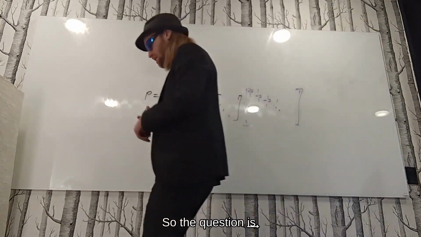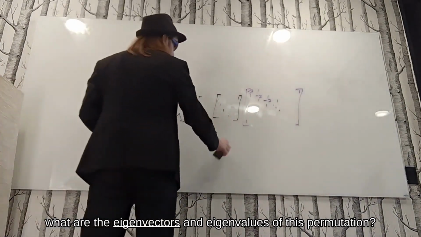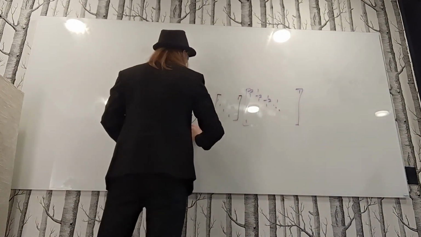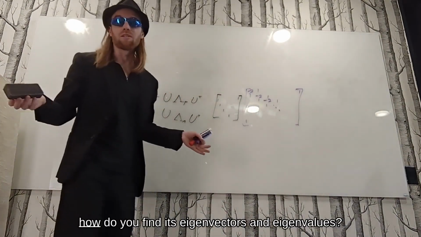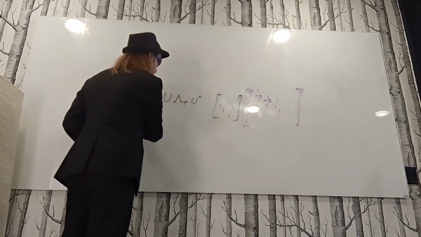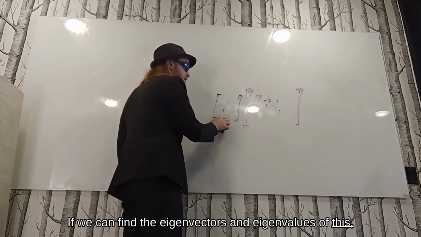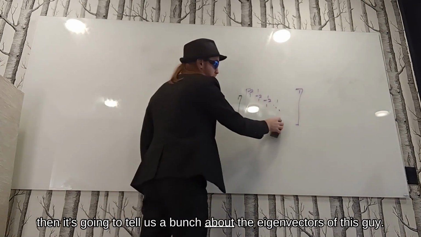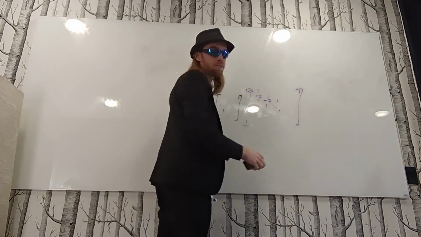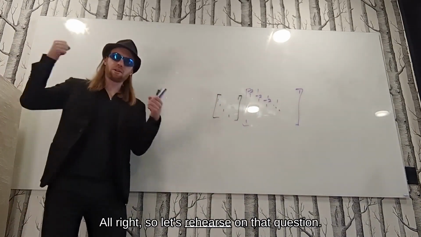So the question is, what are the eigenvectors and eigenvalues of this permutation? Or more generally, given a permutation, how do you find its eigenvectors and eigenvalues? If we can find the eigenvectors and eigenvalues of this, then it's going to tell us a bunch about the eigenvectors of this matrix.